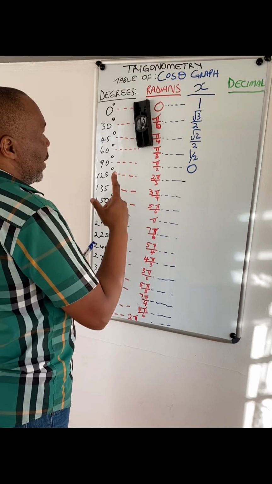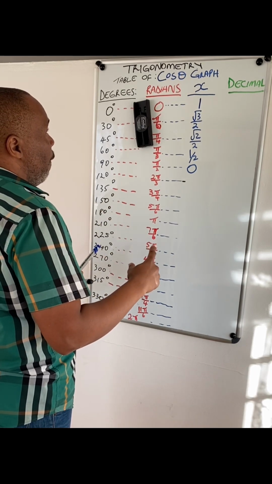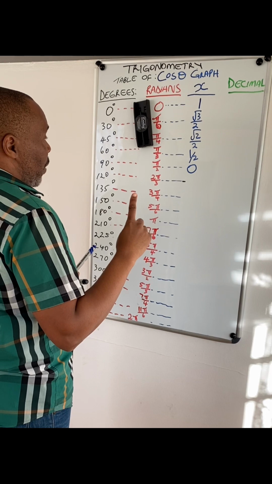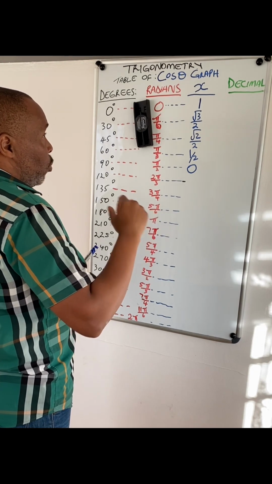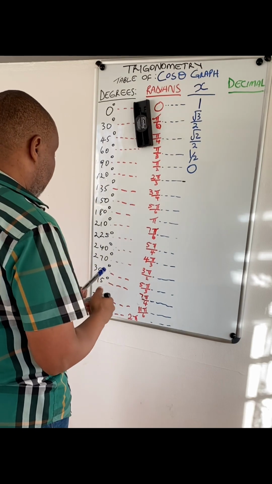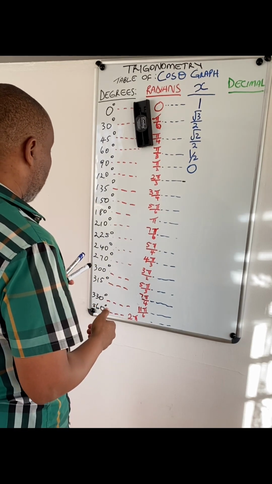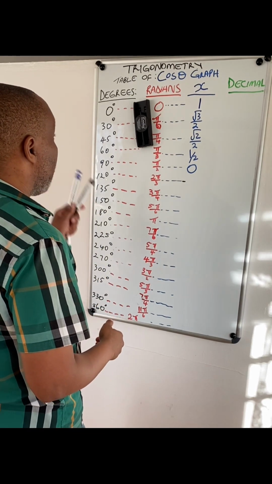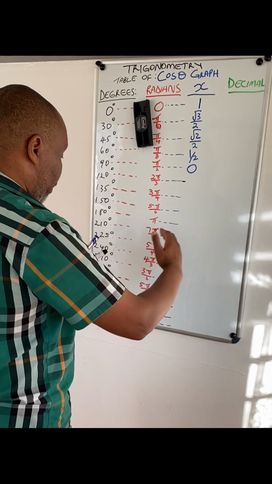In fact, it's negative right up to, is it 270? Right up to 270, not 360. We'll see right up to where it is negative, right up to 270, because it becomes positive in the fourth quadrant, which is above 270.